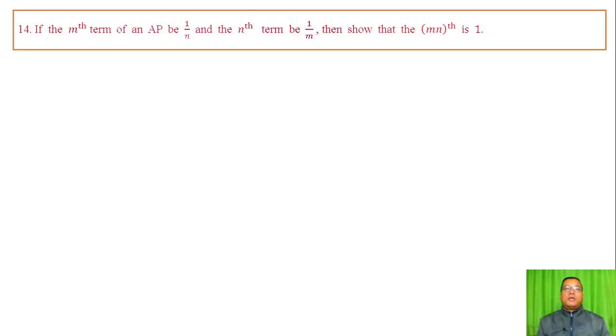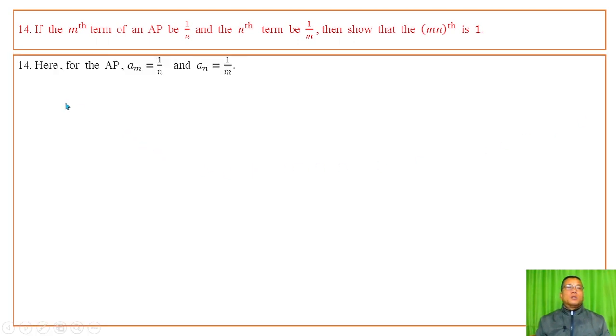Here, for the AP, the mth term is 1 by n and the nth term is 1 by m. Using a_n = a + (n - 1)d, we have the mth term as 1 by n, with a and d unknown. Equation 1.